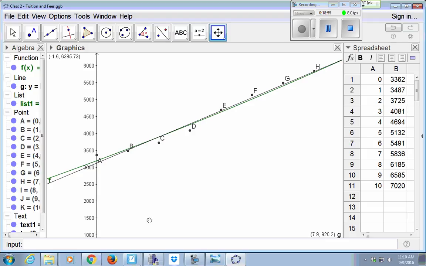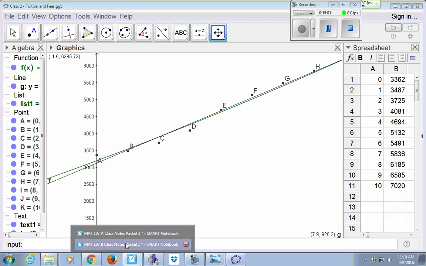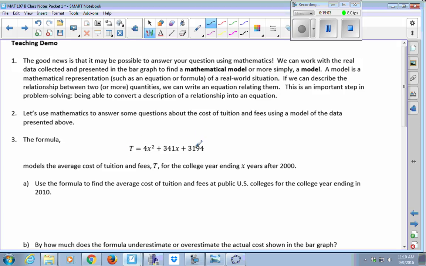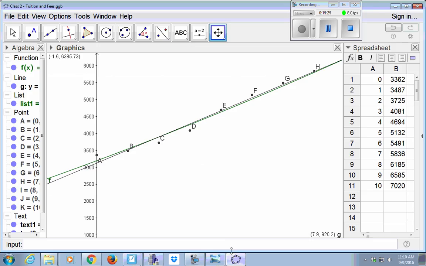So notice when we go back to our packet here, the formula, the model, the equation, all of these things, it's an equation, it's a formula, and it's a model that we're going to use to describe that trend that we're looking at, that bar graph, is indeed a quadratic equation, which is the type of equation you have for parabolas. Okay, so this model is reflected with this green line.